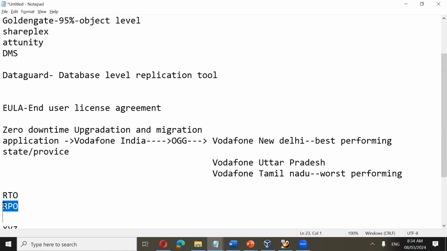Okay. So when we perform the recovery, if there are any issues, the recovery should happen in minimal possible time and it should be complete recovery. Or if any loss is there, it should be minimal. So in both cases, Golden Gate scores above its competitors in terms of RTO and RPO.